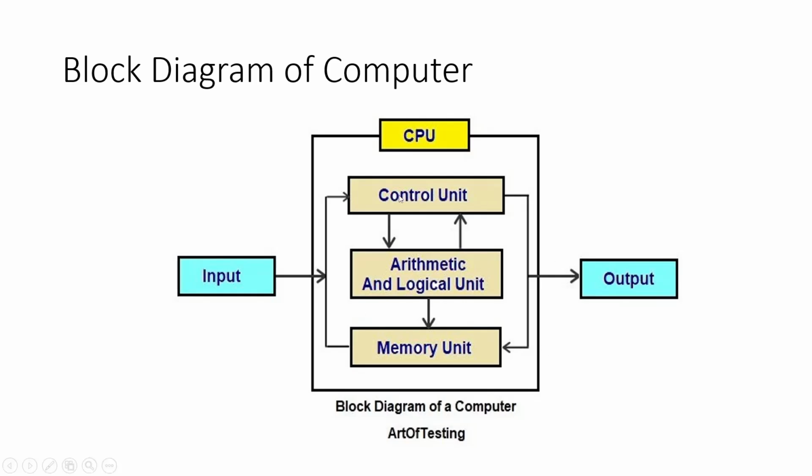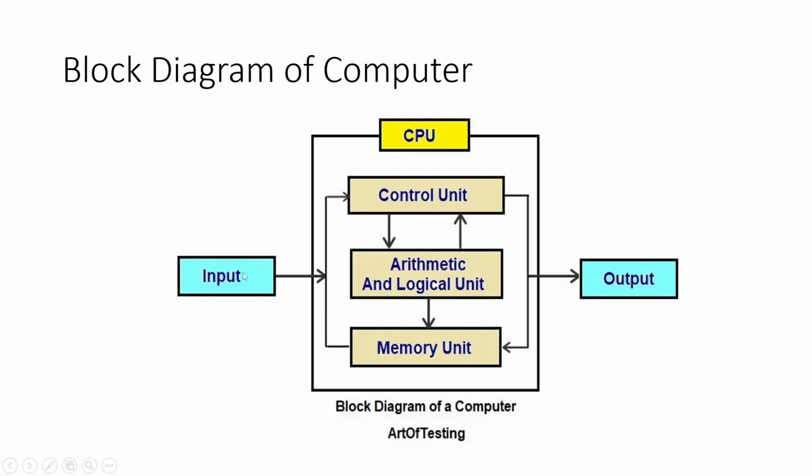In the CPU there are two parts, the control unit and the arithmetic and logic unit, and then the memory unit and the output unit.